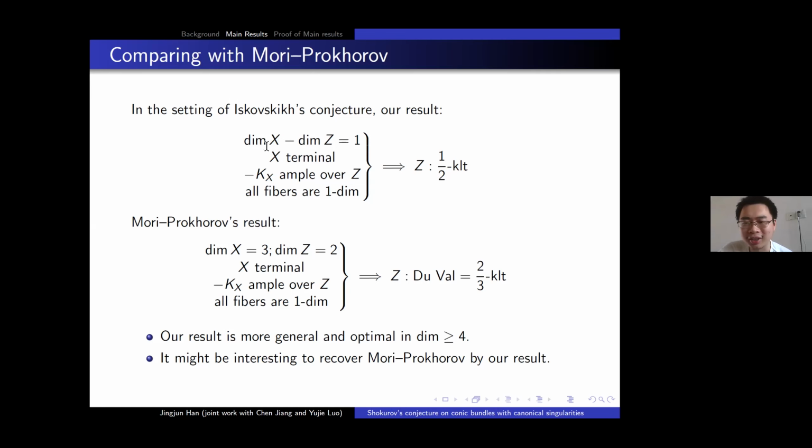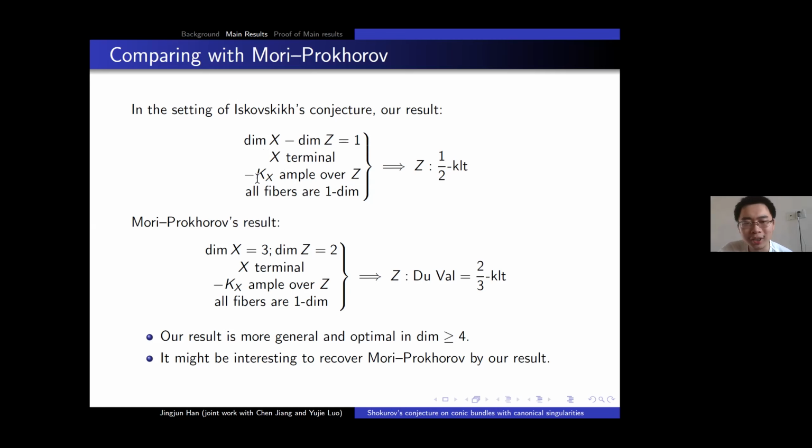We recall that the dimension of X minus the dimension of Z is equal to 1, the singularity of X is terminal, minus K_X is ample over Z, and all fibers are one-dimensional. Indeed we prove it under a weaker assumption, that X is of Fano type over Z. Here we relax the assumption.